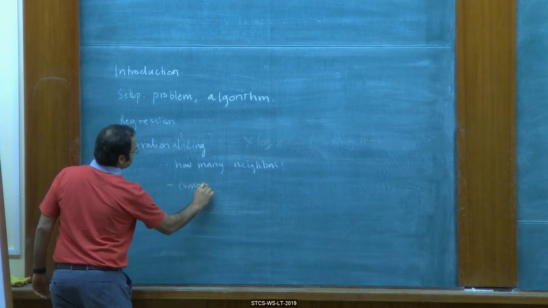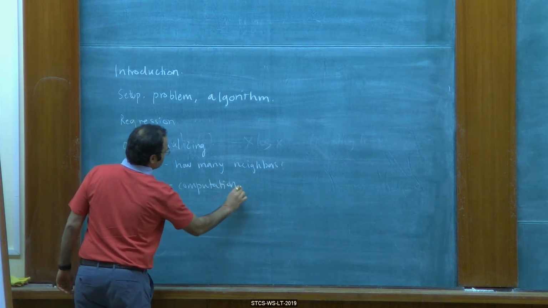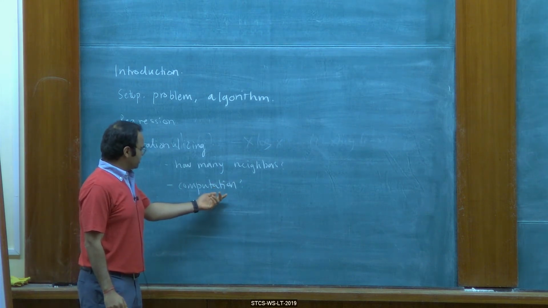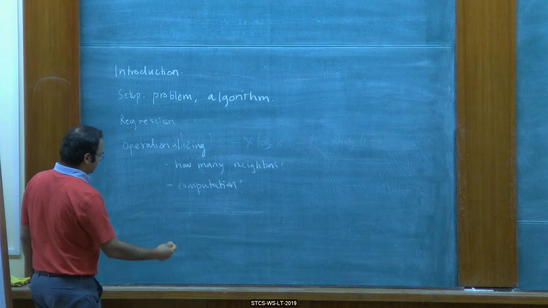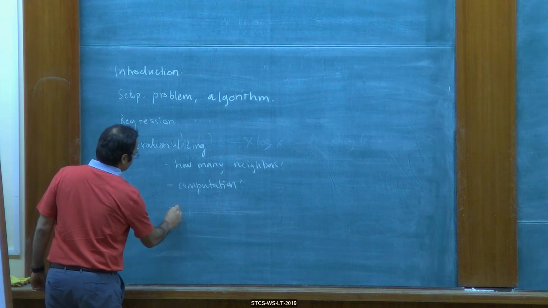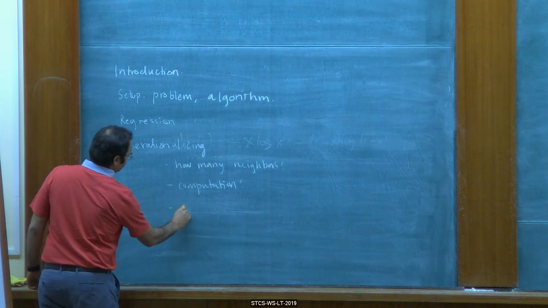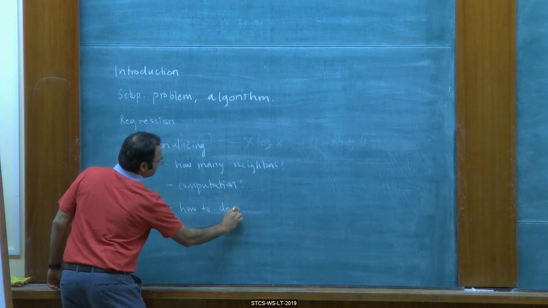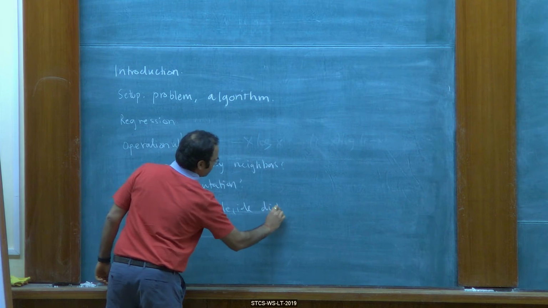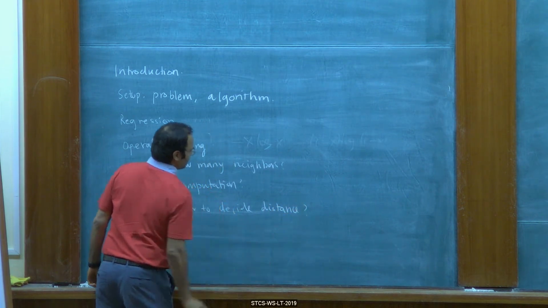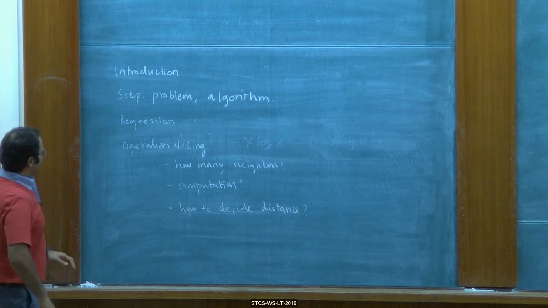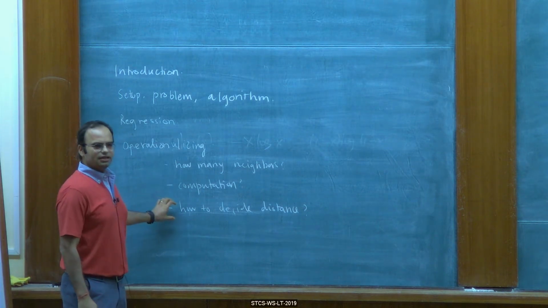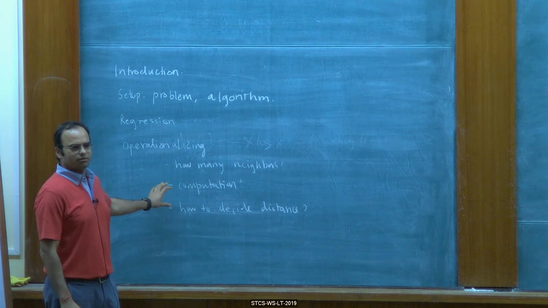Second, computation: there's a beautiful literature that interfaces with theoretical computer science, computational geometry, and actual large-scale implementation. And finally, how to decide on distance. Again, this will make sense later.